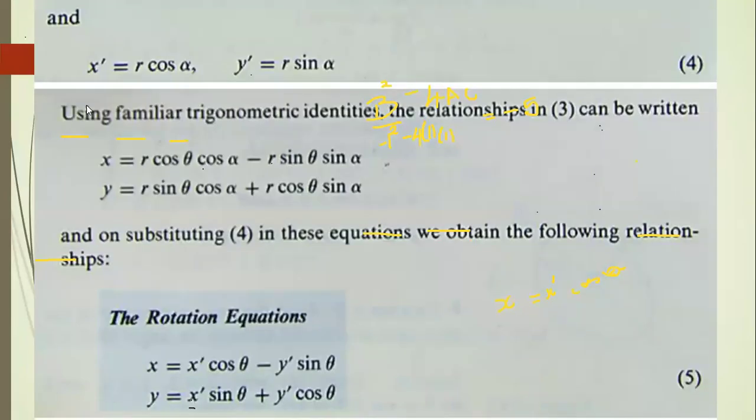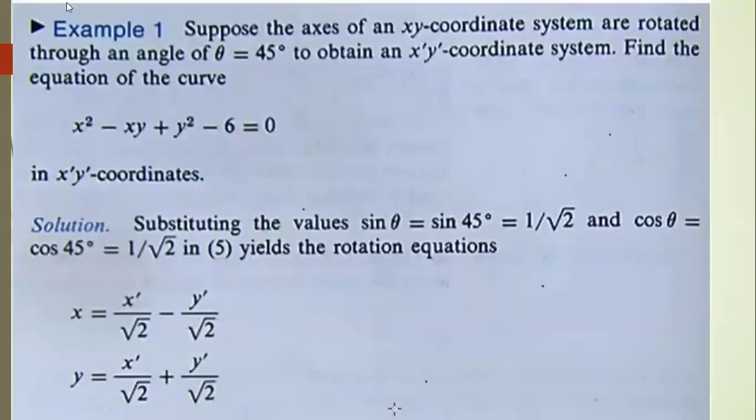What we're doing is substituting into the rotation equations. So we basically put 45 here, 45 here, 45 here, 45 here. And when that is done, we would have x equal to x prime over root 2 minus y prime over root 2, and y equal to x prime over root 2 plus y prime over root 2.